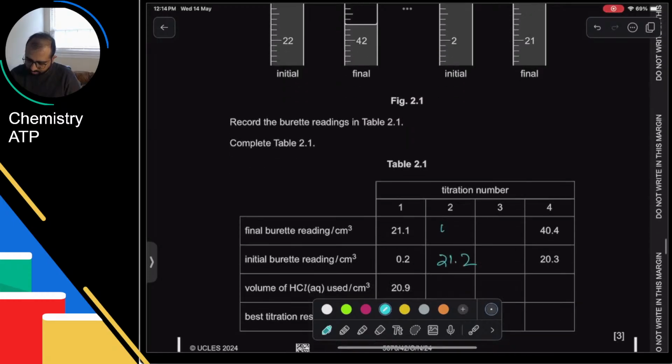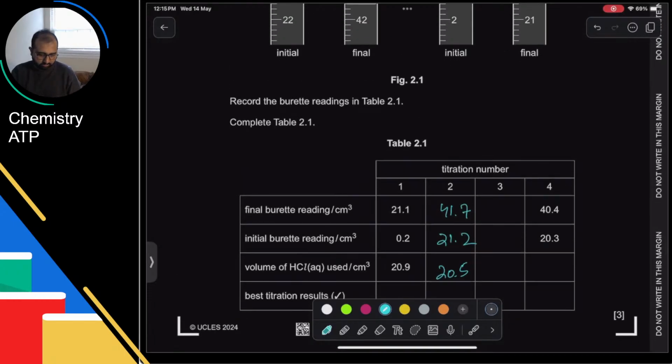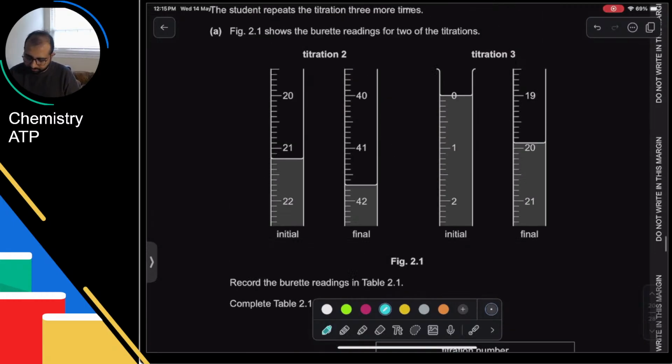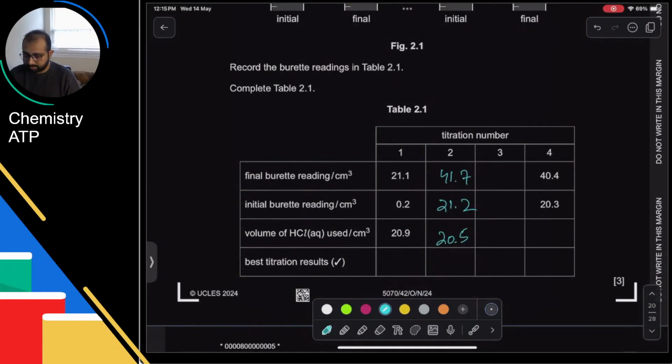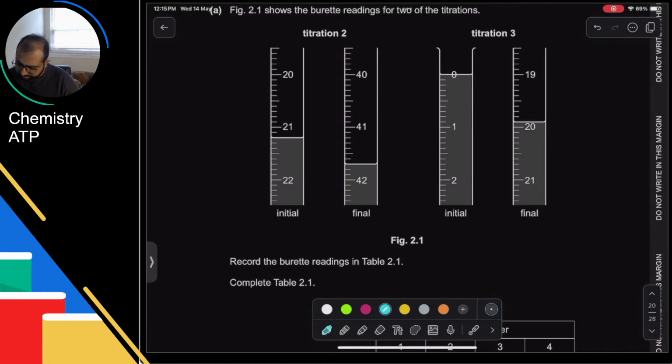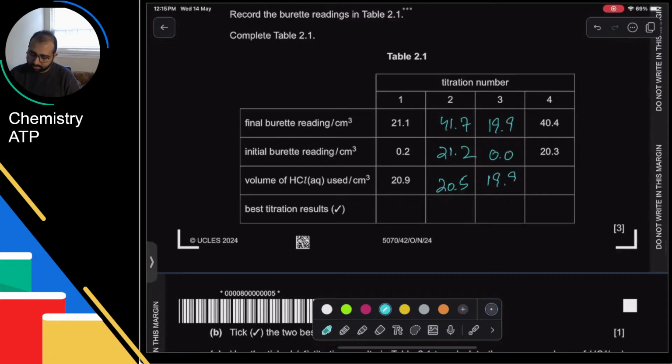I'll subtract them, so that's 20.5. Let me confirm. Yeah, 20.5. Next one is starting at 0, but don't write 0, write 0.0, because everything is to 1 decimal place. Write all your values to 1 decimal place. This one is 19.9, so the difference is 19.9.